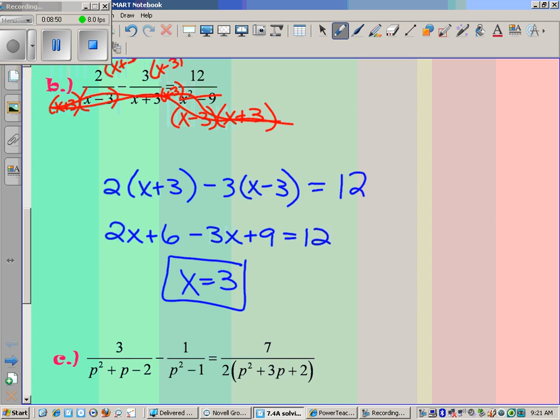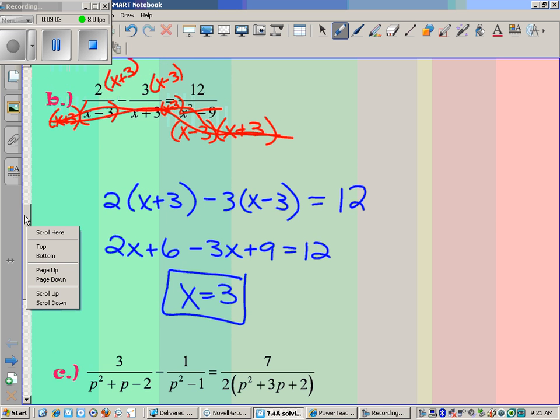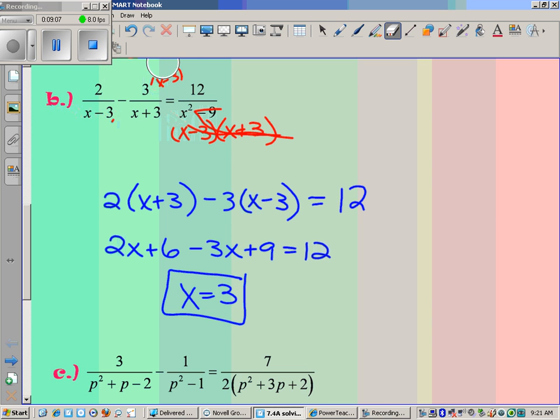If you told me that was your answer, I'd mark you wrong. Why? It's the right answer. Did you guys get x equals 3? That answer doesn't work. Why? Oh, because we didn't check it. So what happens if you check it?